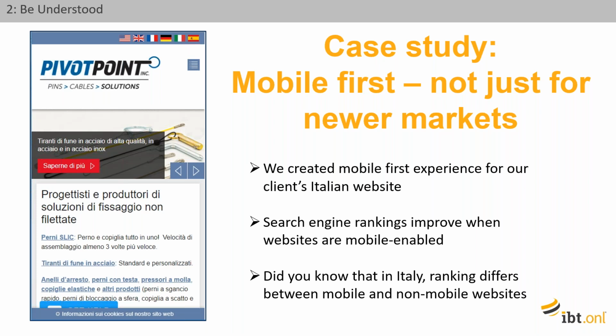You can rank differently whether you're seeing it on a PC or on a mobile phone. Search engines definitely improve the ranking when it's mobile enabled, and I think any website today has got to have really mobile enablement for that.